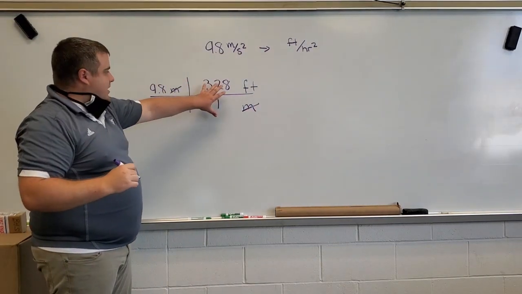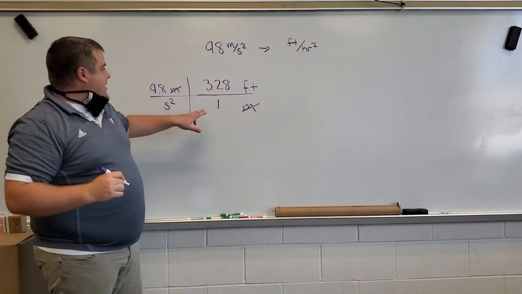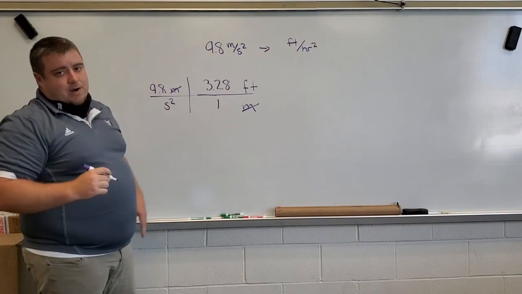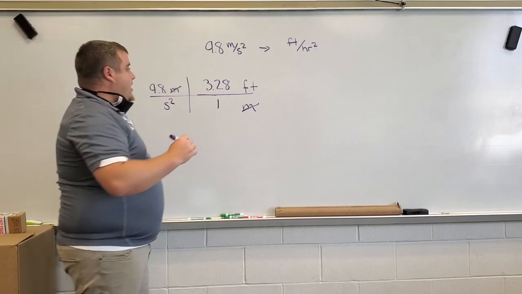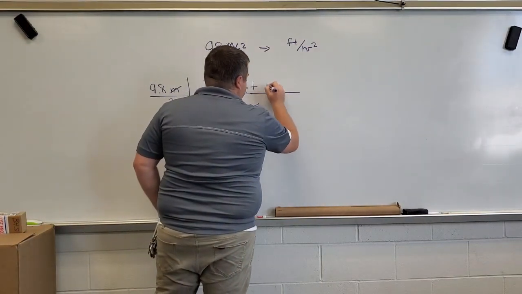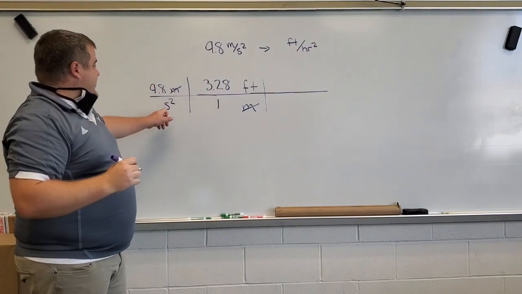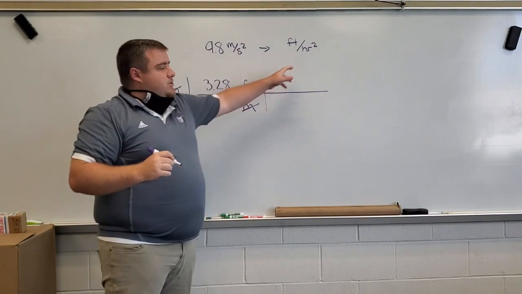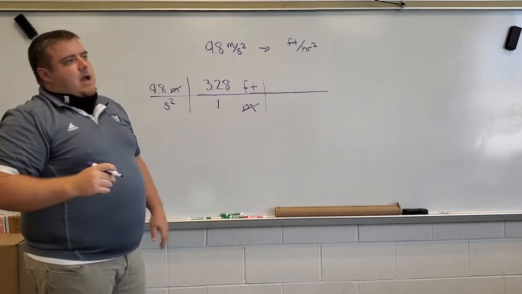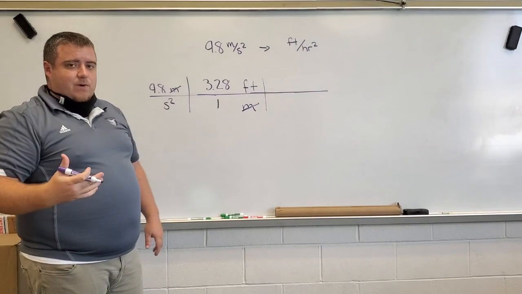The units I am in with this conversion right here is feet per second squared, not the feet per hour squared I want. So, I need another conversion factor. I'm going to convert seconds to hours. I can do this a couple of different ways.